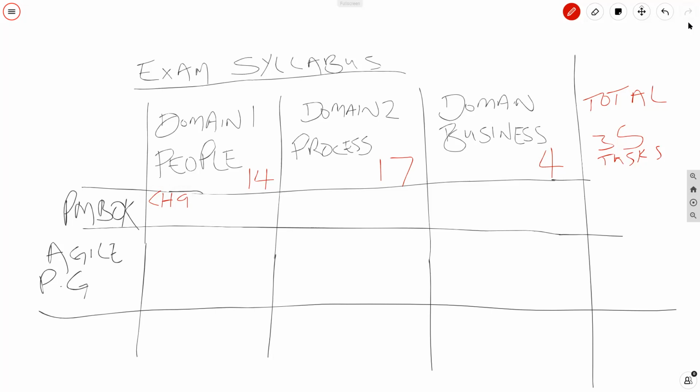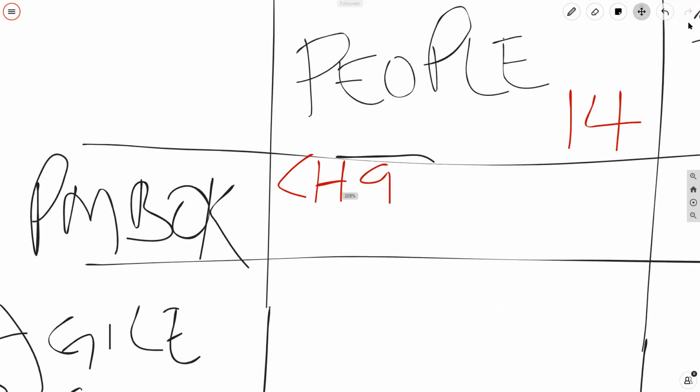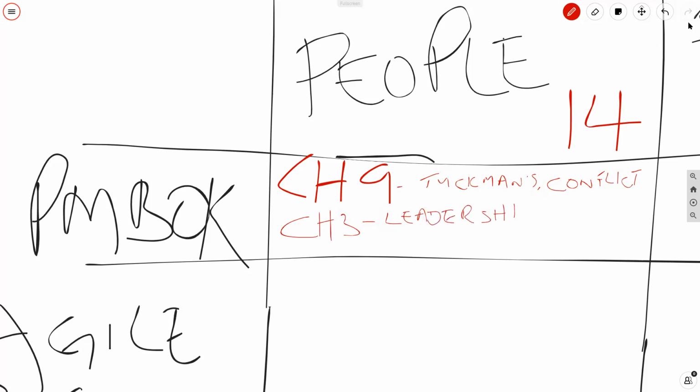There are topics here that you'll recognize immediately, things like Tuckman's ladder, known as the 5 stages of team development, the concept of conflict management. And in chapter 3, there's a lot of mention about the concept of leadership. You also find these mentions in chapter 9, but not as pronounced as chapter 3.